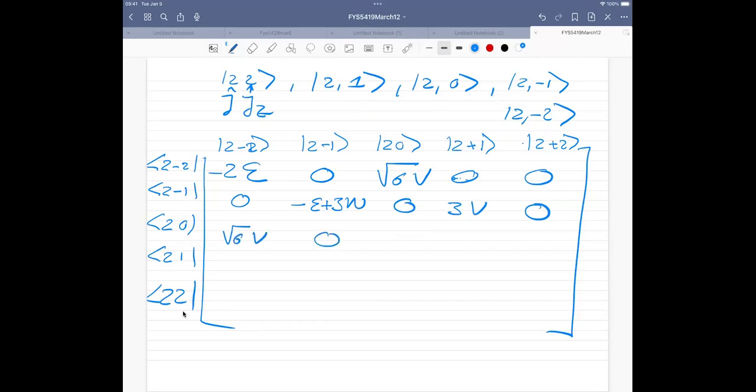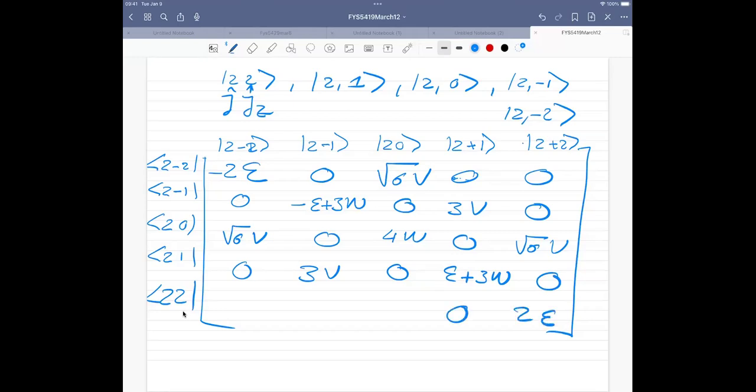There is a 0, there is a 4w, there is a 0 here, and there is a square root of 6 times v. There's a 0, there's a 3v, and then I have an epsilon plus 3w, and then I have a 0, and then there is a 2 epsilon here, there is a 0, there is a 6 square root of v, and 0 and 0.